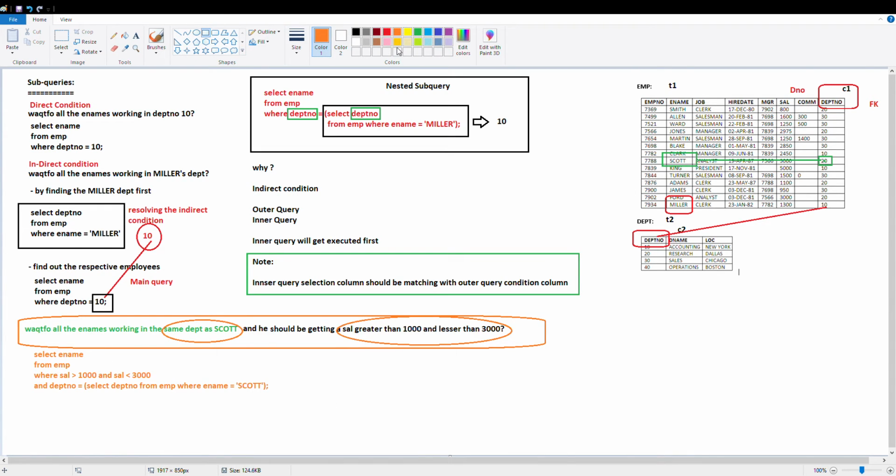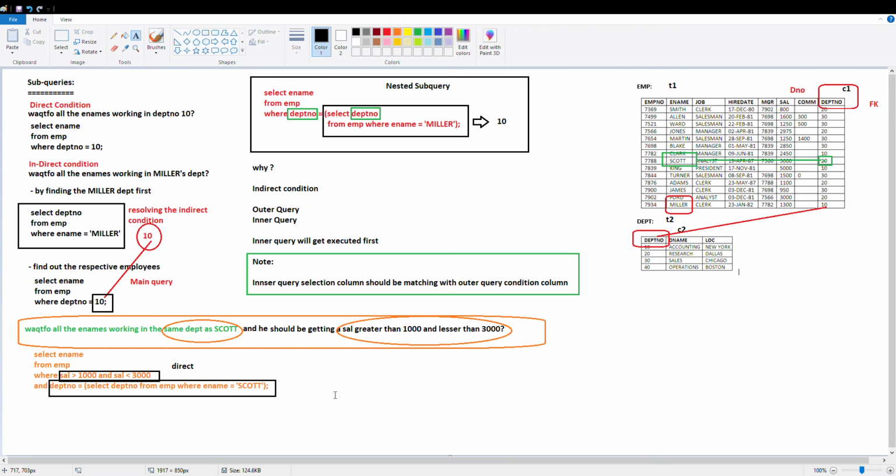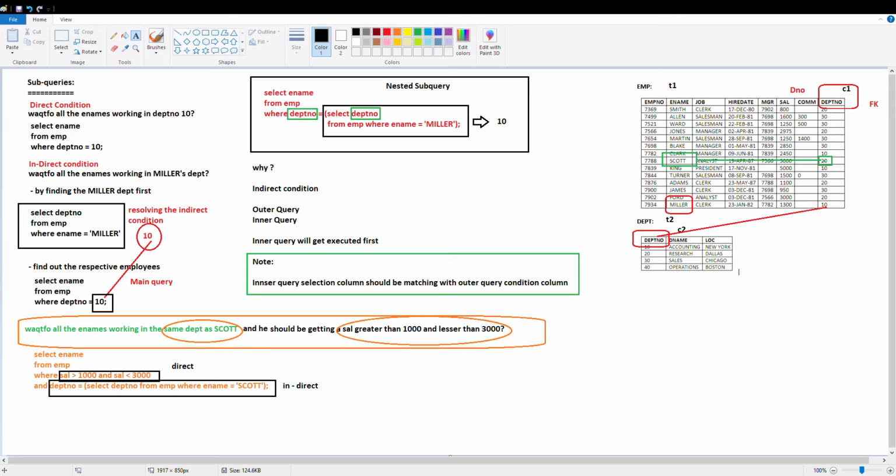Let's understand this query first. This is a direct condition. This is an indirect condition. So this piece is your direct. This piece is your indirect.